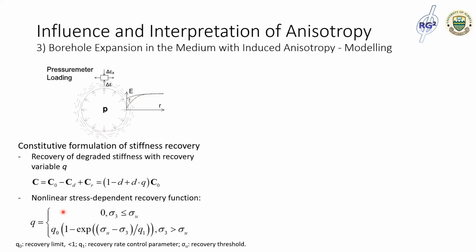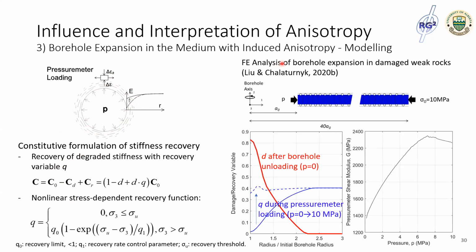Then we implemented this into a finite element model, and in this case, it is an axisymmetric model under isotropic stress condition, and the radial variation of a degraded stiffness after borehole unloading could be predicted. The stiffness recovery after the pressuremeter loading can also be predicted in the second stage when this internal pressure is applied.